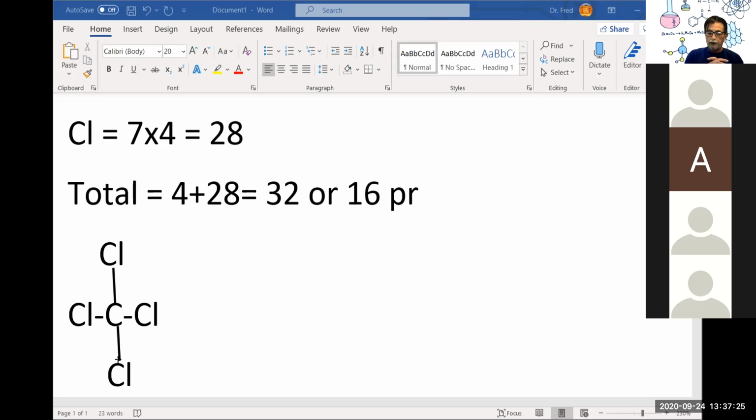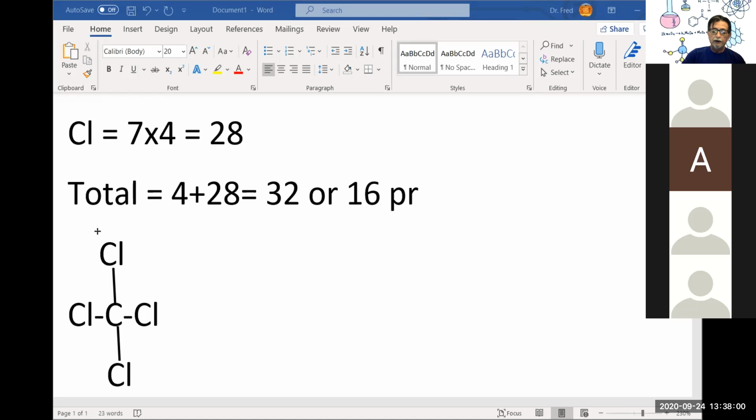Okay, and so with 4 pair taken care of, how many pairs do we have left over to work with? 12. We have 12 pair exactly. Now, can we put any more on the carbon? No, because the carbon is full. The carbon has its octet fulfilled. So the only other place that they can go has to be around the chlorides.